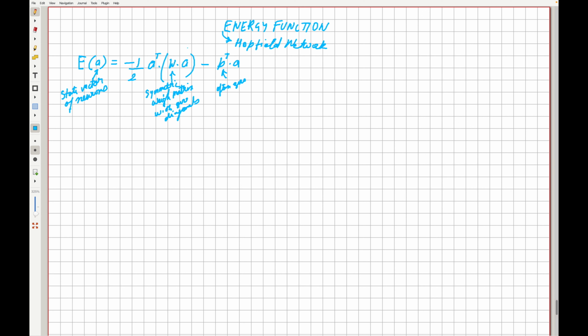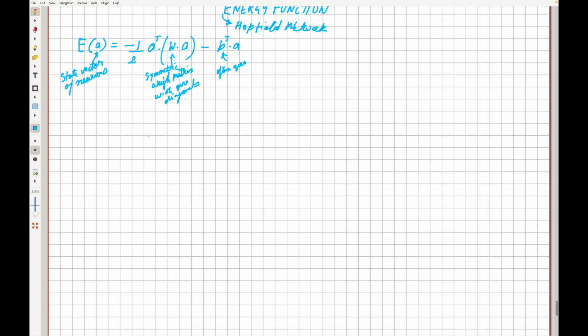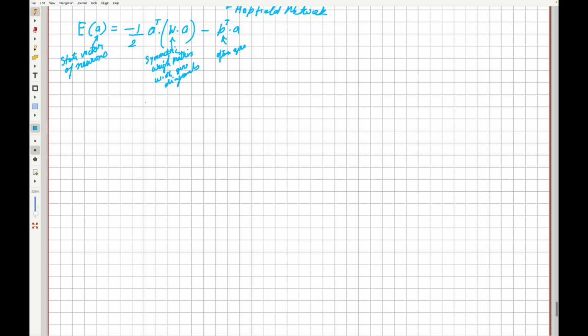With that equation in mind, we are going to create an example for a 2D case, and then we'll create an example for a 3D case.